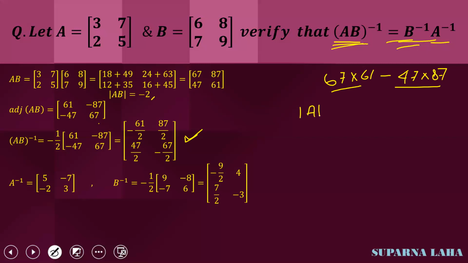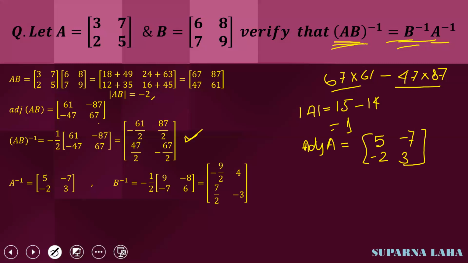So the determinant of A is 15 minus 14, that will be 1. Now the adjoint of A: just exchange the diagonals, that is there will be 5 and here it is 3, and there will be -7 and there will be -2, and divide this by 1, that is the same as it is. So 5, -7, -2, 3. That will be A inverse.